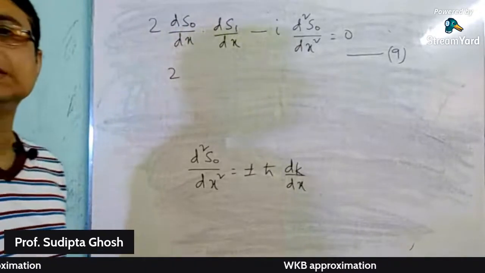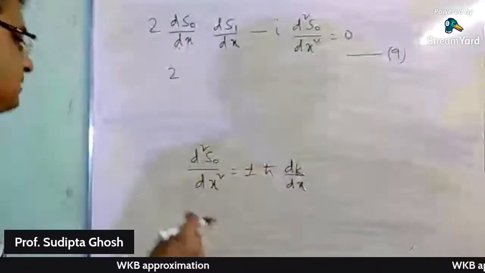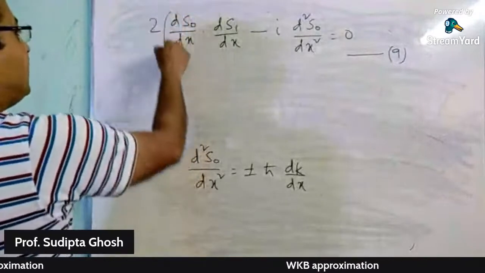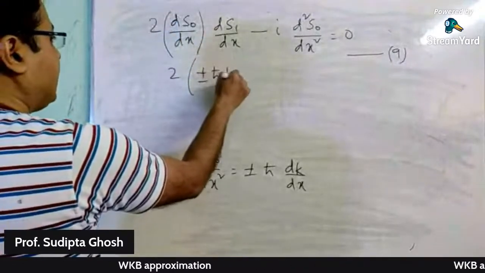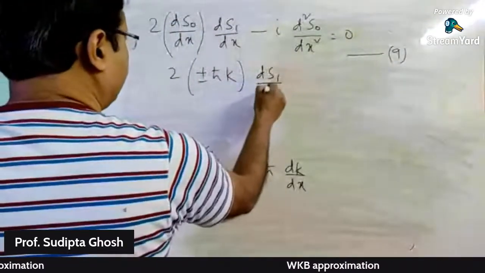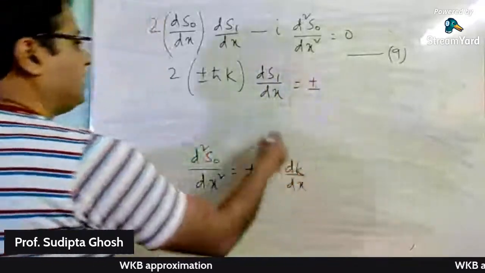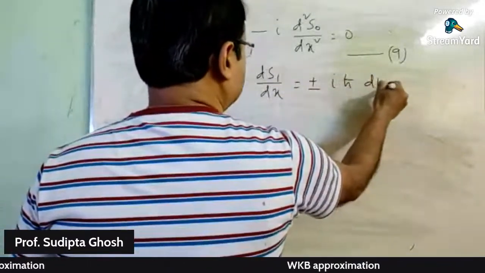I have found ds0/dx equals plus minus ħk. So putting the value of ds0/dx as plus minus ħk, then ds1/dx, and that equals plus minus i ħ dk/dx.